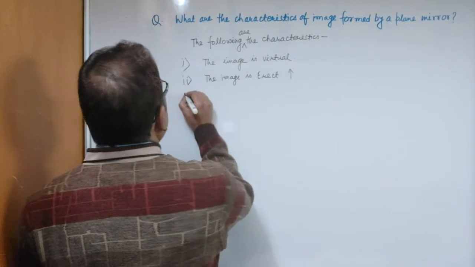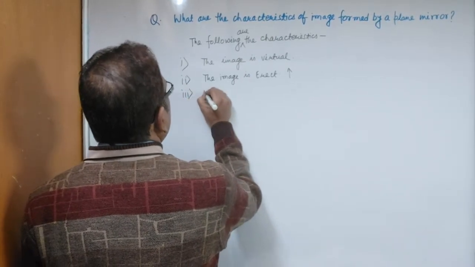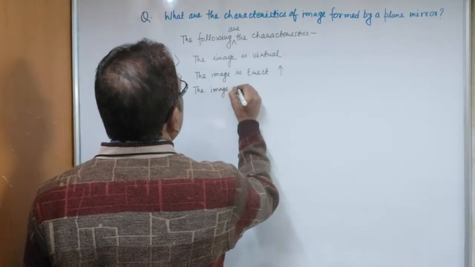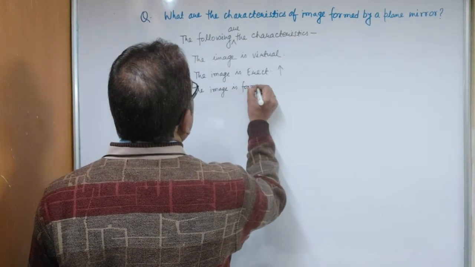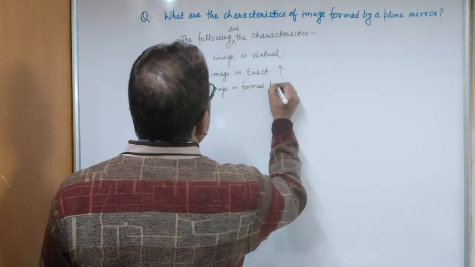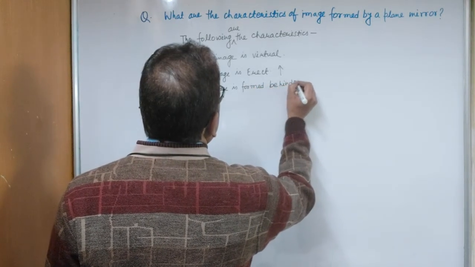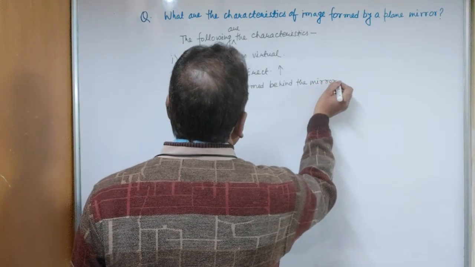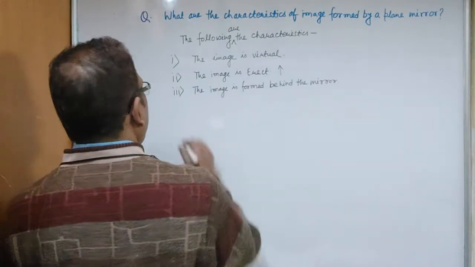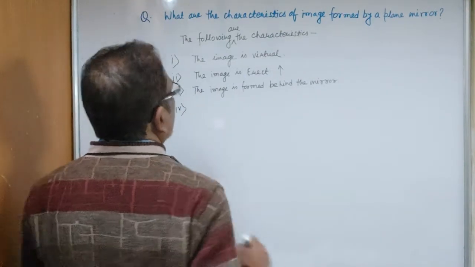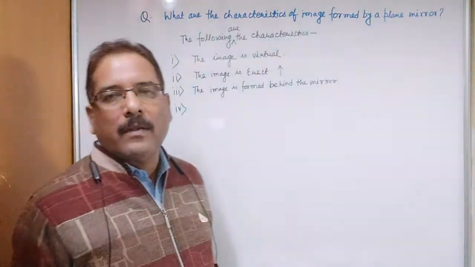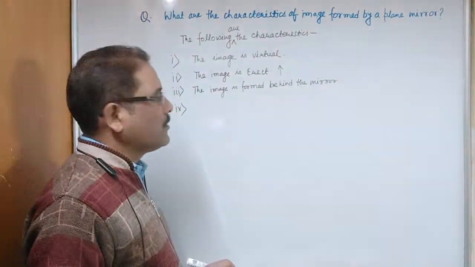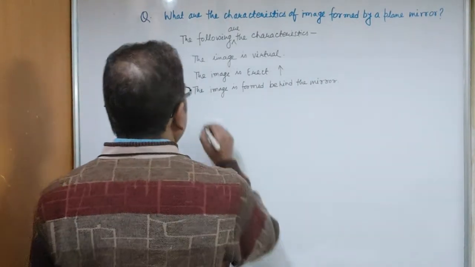Then third, you can write the image is formed behind the mirror. Then we have also seen the distance of object from the mirror is equal to the distance of image from the mirror. So these two distances are equal.